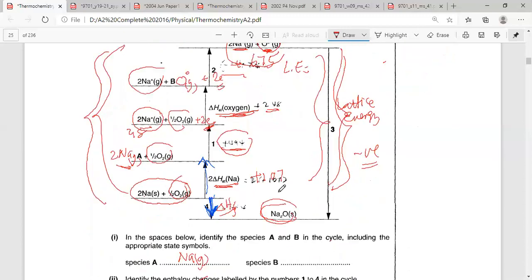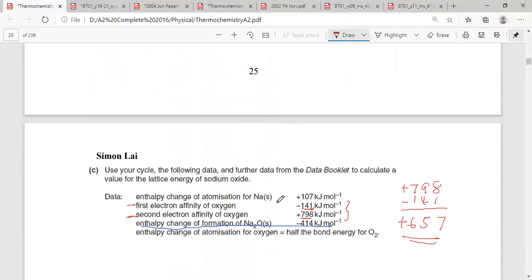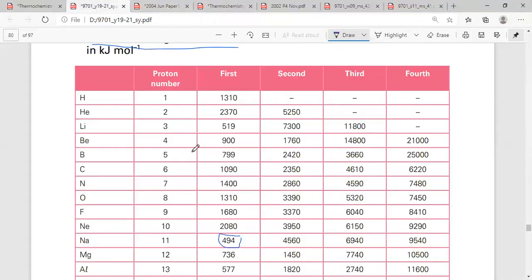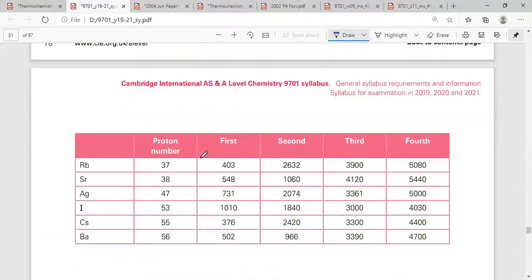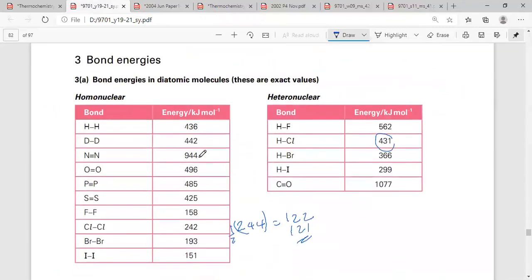Now here they give you atomization, but they didn't actually give it to you. The enthalpy change of atomization is half of the bond energy. Let's refer to half of the bond energy of O2. No worries, you can use the data booklet. Now here's O2, 1 mole.